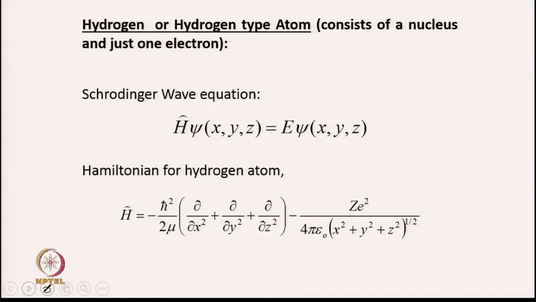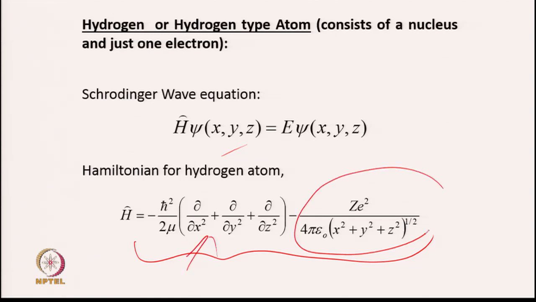Once you get this V, you can simply put it in the Schrodinger equation to get the energy of different orbitals. So, the Hamiltonian is this for the hydrogen atom. This is your kinetic energy part and this is your potential energy part. Here r is written as x square plus y square plus z square to the power half, or the square root of x square plus y square plus z square.